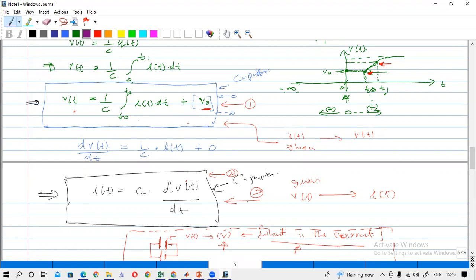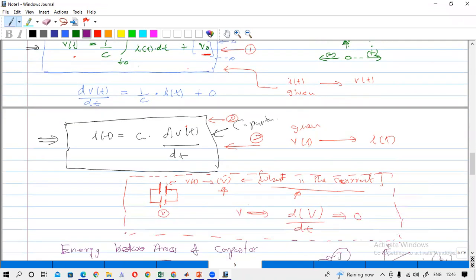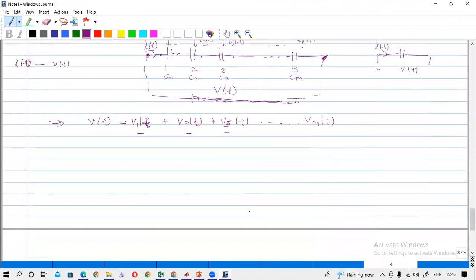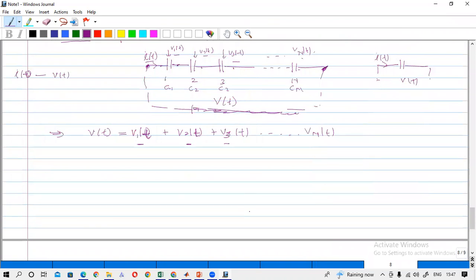And when V is given and you want to find It, it is easy to use the second one. Here, I is somewhat given because it is constant, and we have to find the V terms.